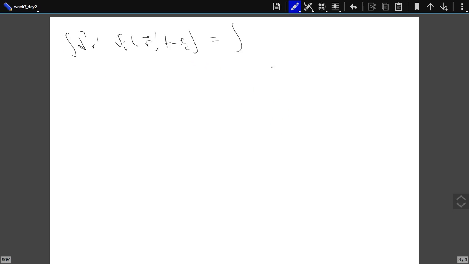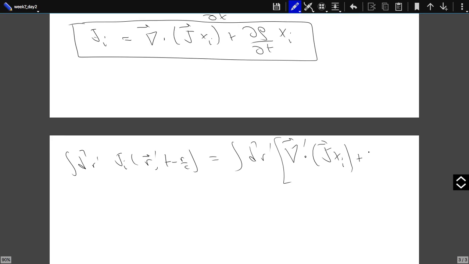This is equal to d cubed r prime divergence of j xi plus del rho by del t times xi. Well, again, this term is 0 because if I just convert this to a surface integral, the current at my surface is 0 at all times.